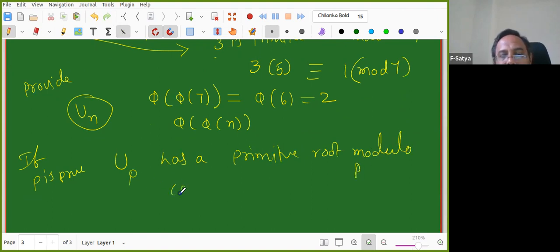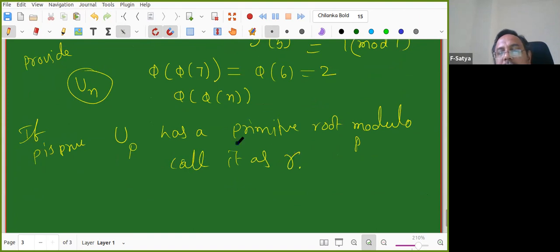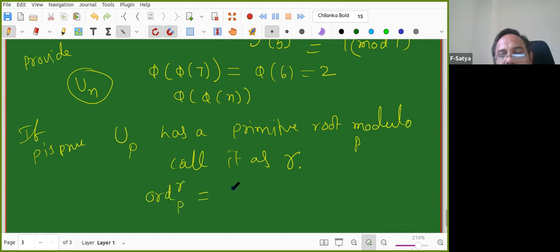Call it r. What is the meaning of r being a primitive root modulo p? The order of r equals phi of p.